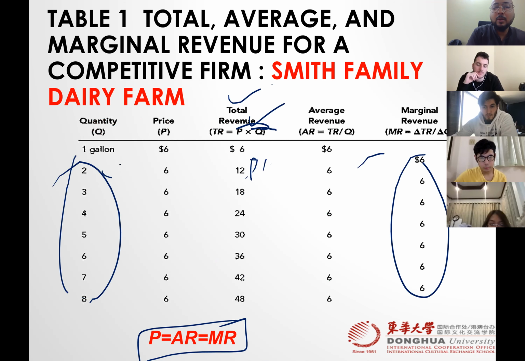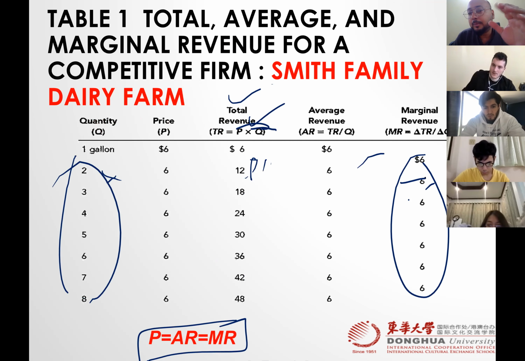You can just multiply quantity with the marginal revenue to find total revenue. Or if you are not given the average revenue, you are given marginal revenue, you can just replace marginal revenue as average revenue, or as price. You can replace average revenue as marginal revenue, because these three are equal. So that is the revenue structure for a competitive market.